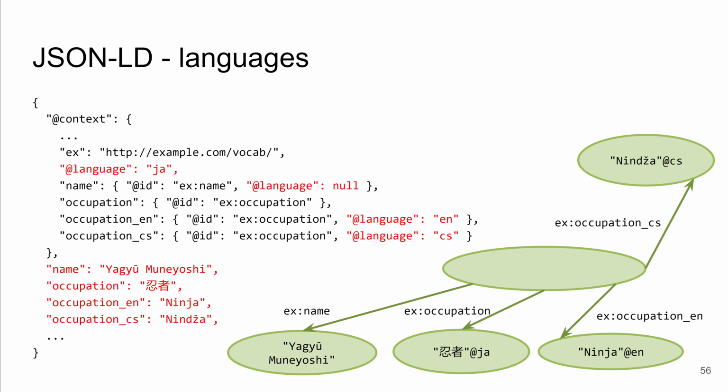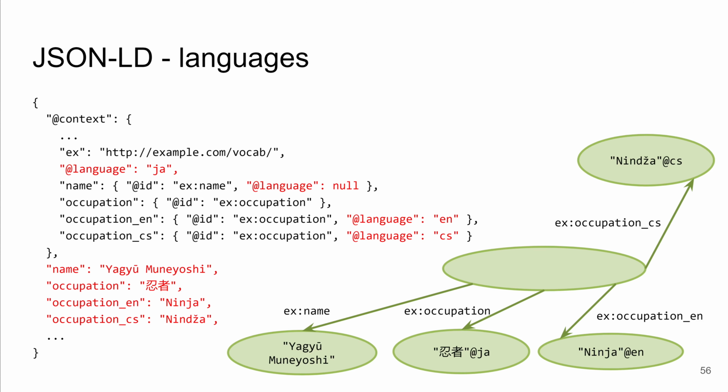Again, we'll utilize the context for this, and we might specify a language for all text values by the top level @language keyword in the context. So in our example, we are saying that all text values, unless specified otherwise, are in Japanese.